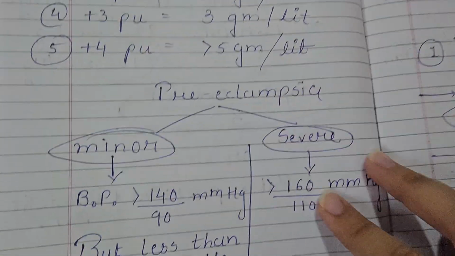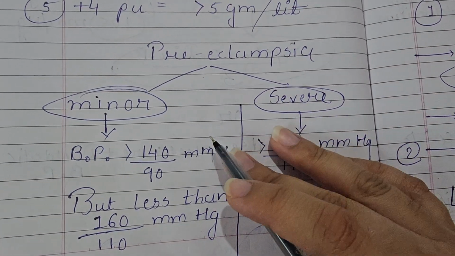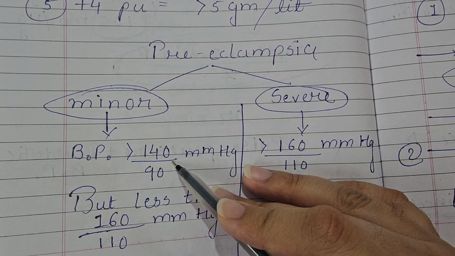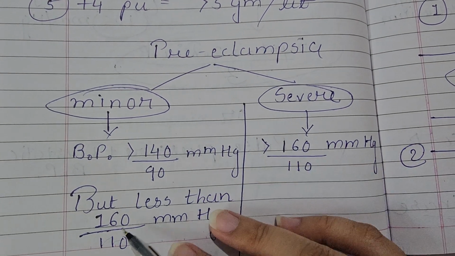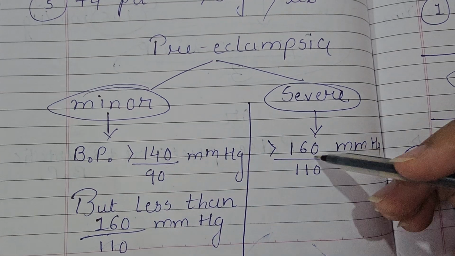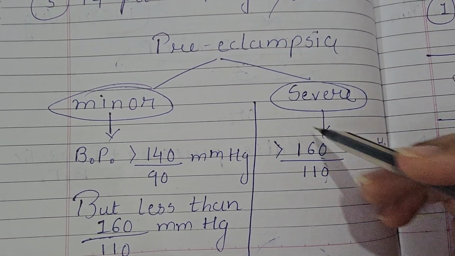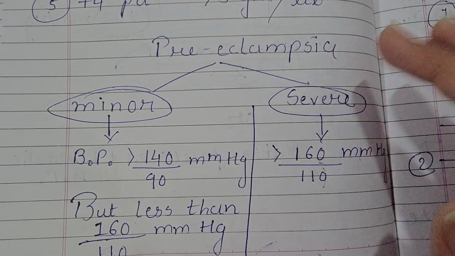Okay, now preeclampsia has two types, minor and severe. Minor means 140 by 90 mmHg to 160 upon 110 mmHg, and more than 160 upon 110 mmHg is called severe preeclampsia.